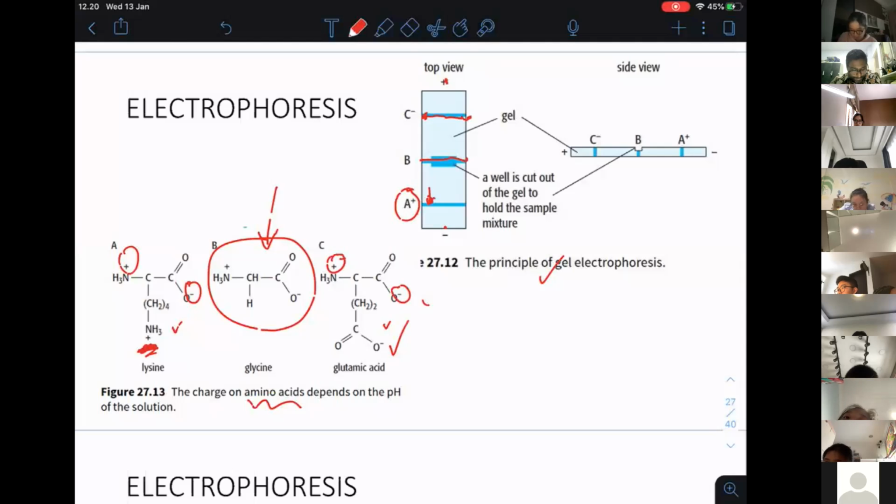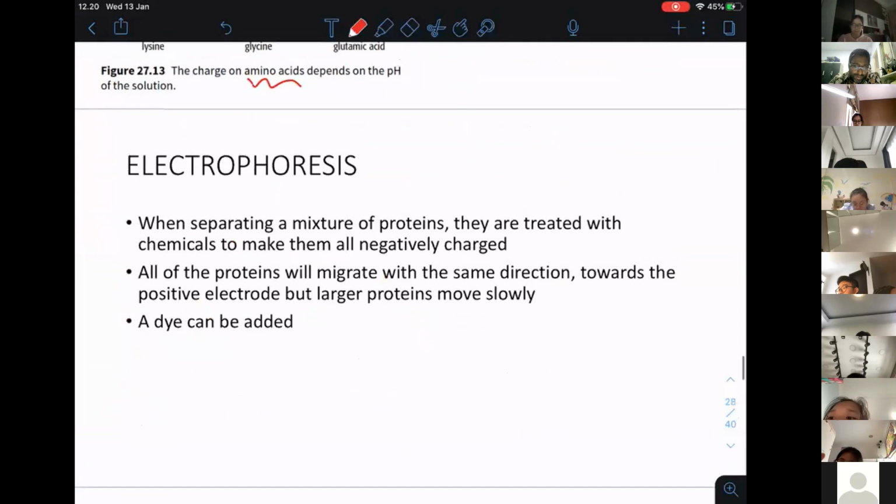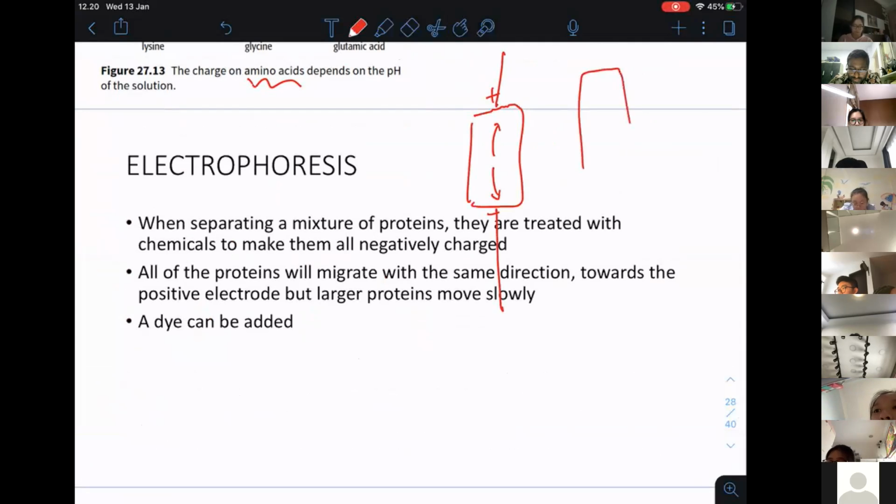So it's quite simple. Now, when separating a mixture of proteins, they are treated with chemicals to make them all negatively charged. If I have a positive plate and a negative plate, let's say this is the electric field, I don't want some of them to go here and some to go there. I want everything to move in one direction, like in my paper chromatography.